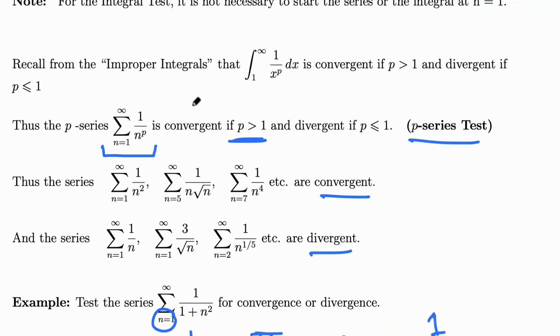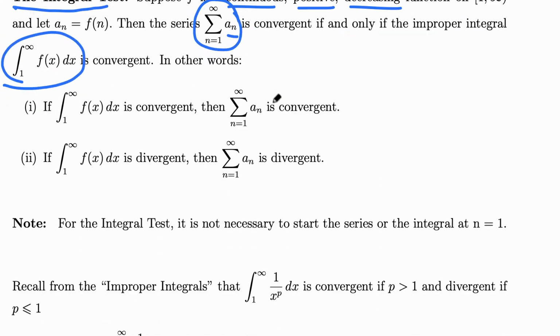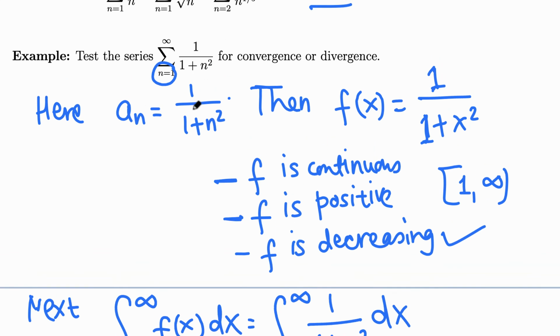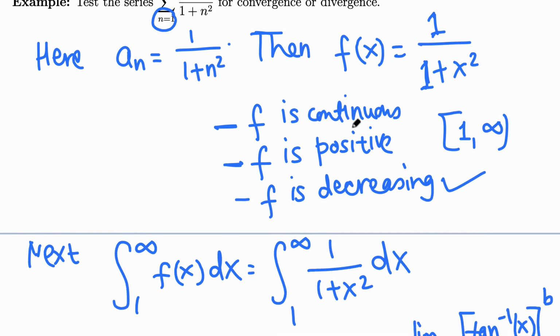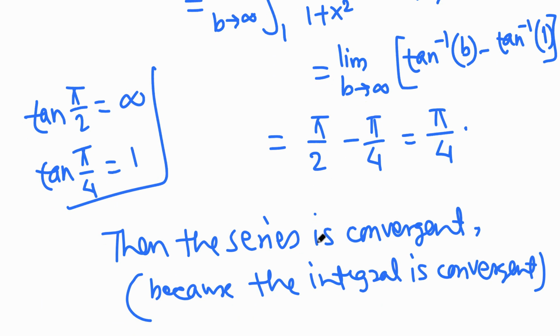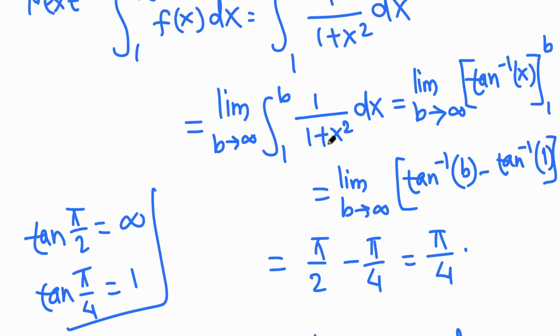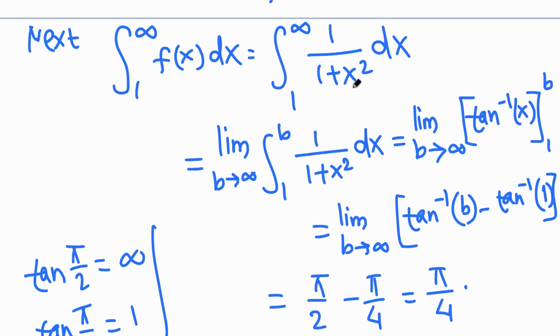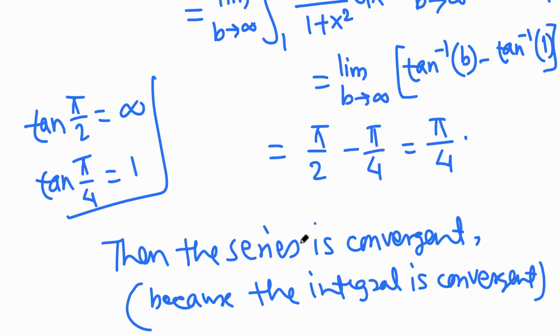In fact, this test is not easy, the integral test, because you have to test these three things. When you have terms a_n, you convert into a function, then need to check three things: continuity, positivity, and decreasingness. Okay, so it's kind of a long process, but this one is good because as soon as you know how to find the antiderivative or this improper integral, then you can check whether the series is convergent or divergent at the same time.